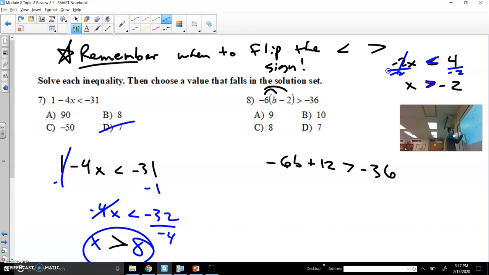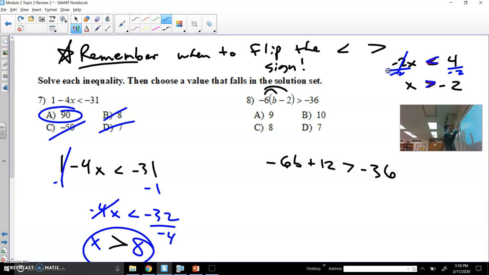So 7 is not greater than 8. -50 is not greater than 8. I know we're really tempted to pick 8, but there is no permission for it to be or equal. It has to be strictly greater than 8, and so that means the only answer for this one would be numbers like 90. 90 would be greater than 8, and that would end up being a solution.